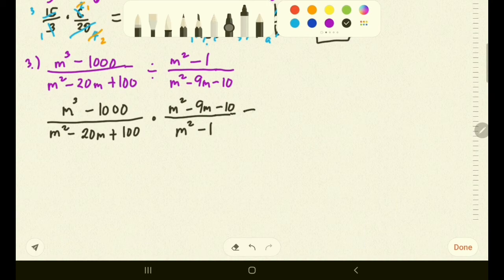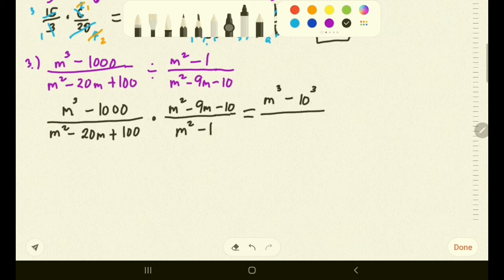First, look for the GCMF. For m cubed minus 1000, there is none. So proceed to another factoring technique, which is the difference of 2 cubes. Express first to the power of 3: m cubed minus 10 cubed, since 1000 is 10 cubed.